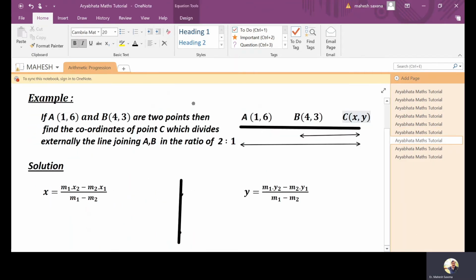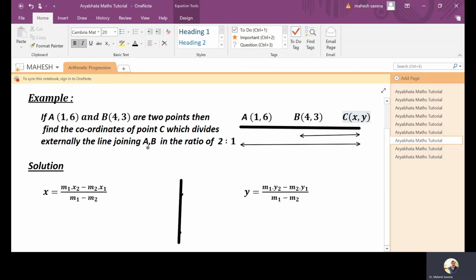Now we take an example. Let A, B be two points whose coordinates are (1, 6) and (4, 3) respectively, and point C divides the line AB externally in the ratio of 2:1.